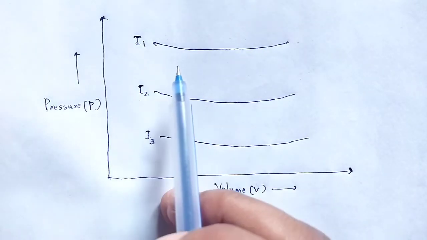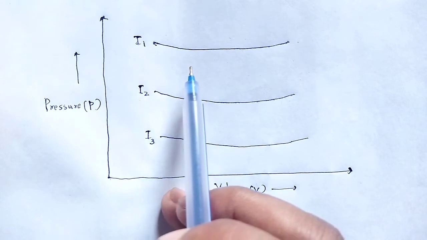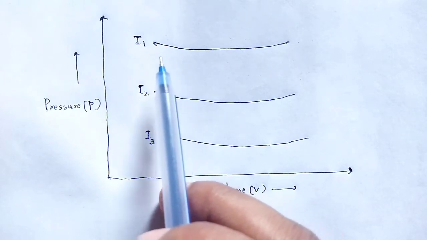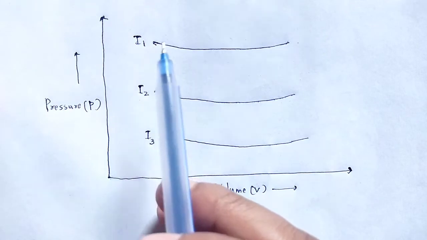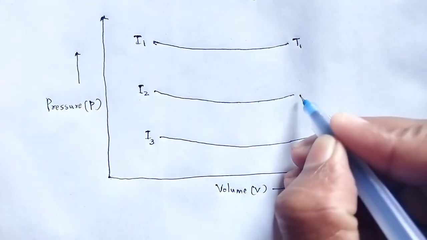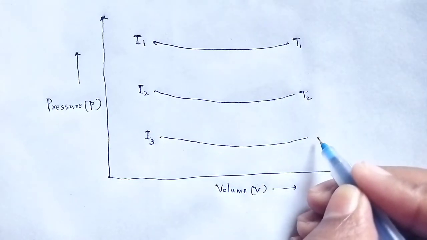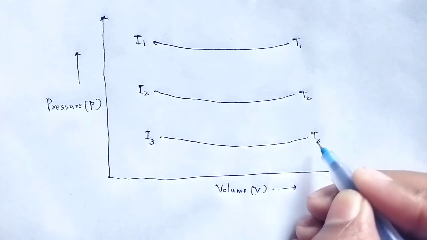Since the processes are isothermal, the temperature is treated as constant in each process. So I1 is at temperature T1, I2 at temperature T2 and I3 at temperature T3.